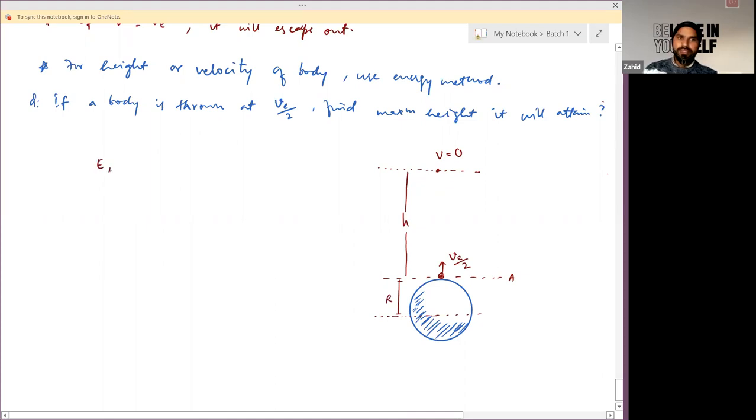So energy at point A: this body will have two types of energy.